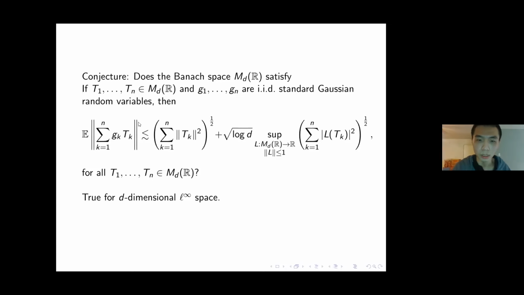Now this is smaller than this, so we put the square root log d on a smaller thing. So would the Banach space of all d by d matrices with the spectral norm satisfy this? Well, the d-dimensional L infinity will satisfy this. In fact, even without this term, L infinity space will satisfy this less than or equal to this without this term. Okay, that's it for today.